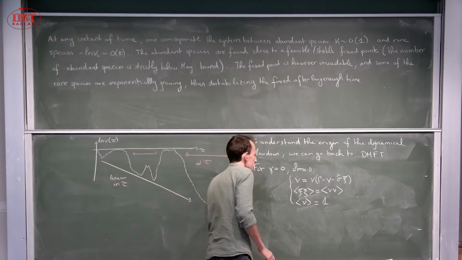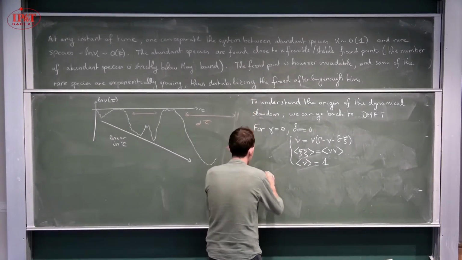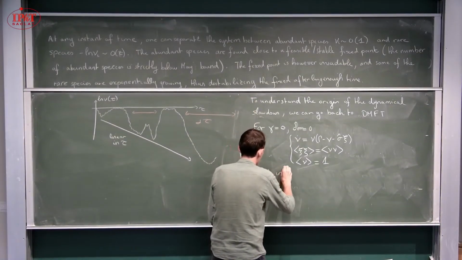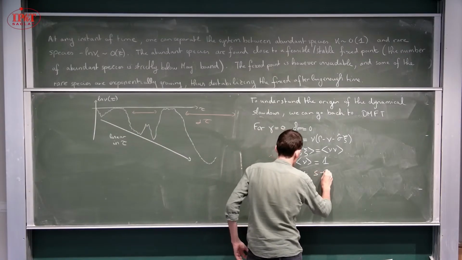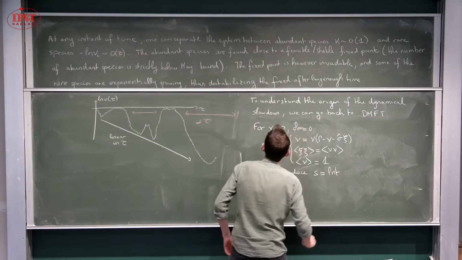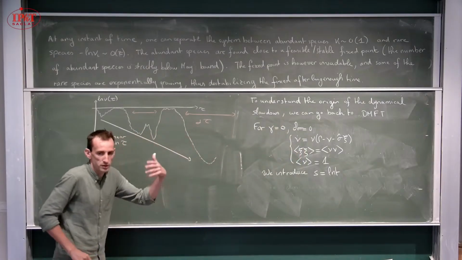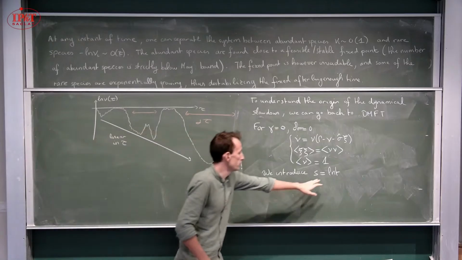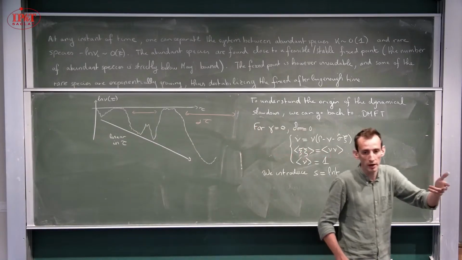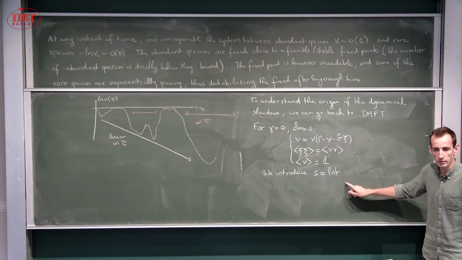Now what I want to introduce is the log time. If the system is aging through a correlation time that grows with the elapsed time, it's equivalent to saying that it's time translation invariant in logarithmic time.